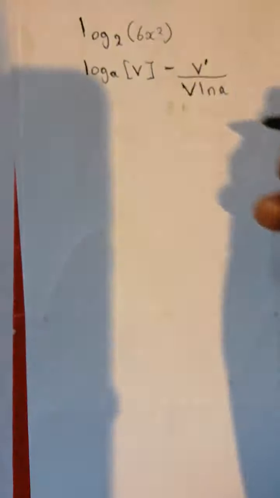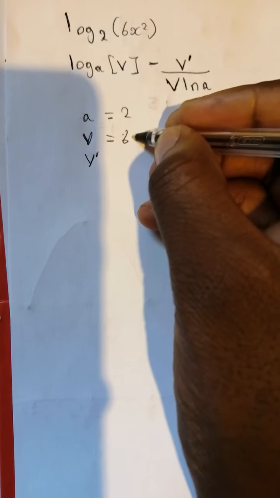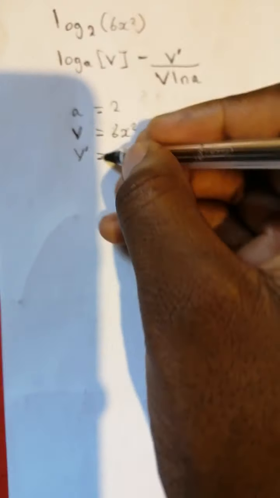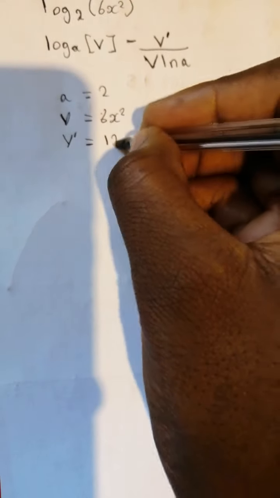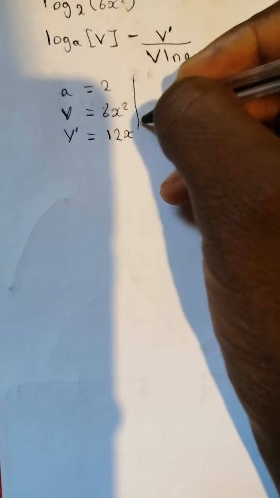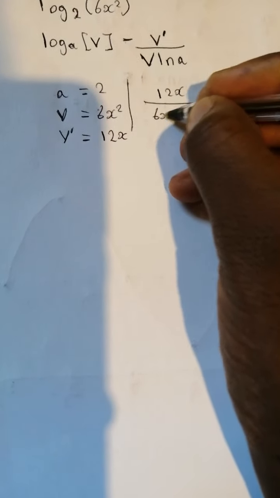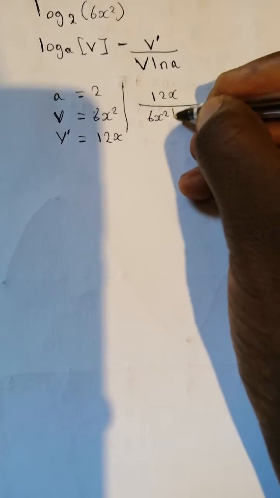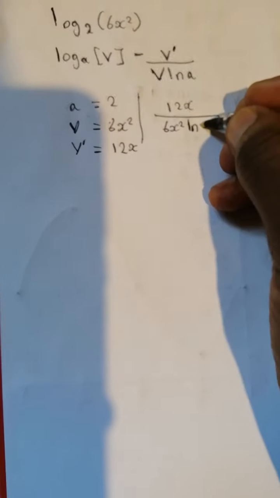So let's gather the information. a is the base, which is 2, and v is what is inside, so it is equal to 6x squared, and v prime is the derivative of v, which is 12x. Now we replace in the formula: v prime is 12x, v is 6x squared, and then we write ln a, where a is equal to 2.